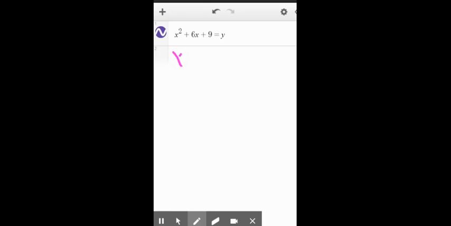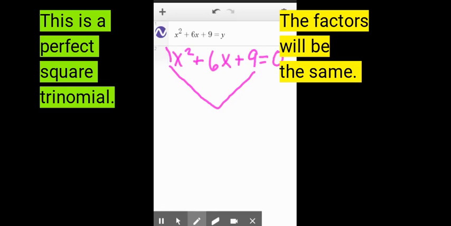So we're going to factor x squared plus 6x plus 9 equals 0. Okay, so we're looking for a product. Now remember, there's a little 1 there. So we're looking for a product of 1 times 9, which is 9.